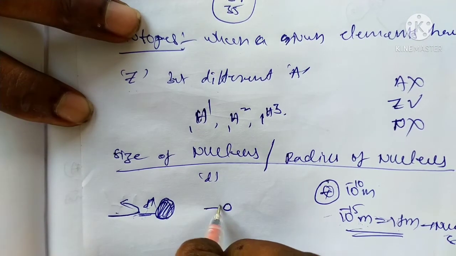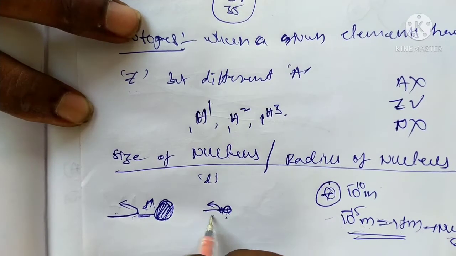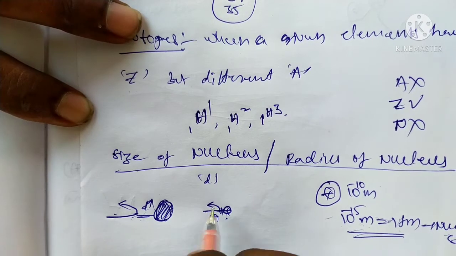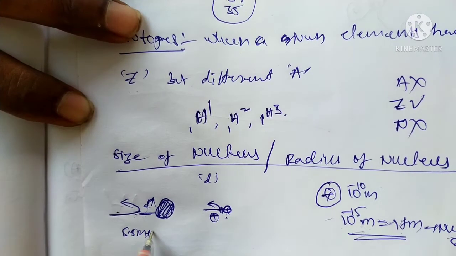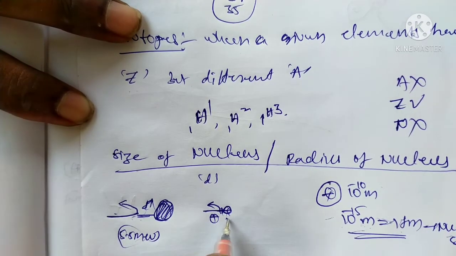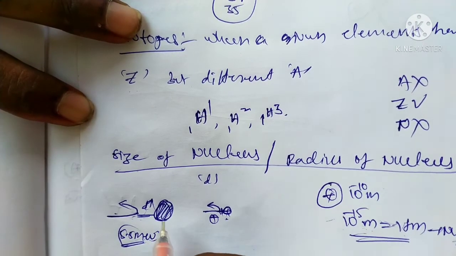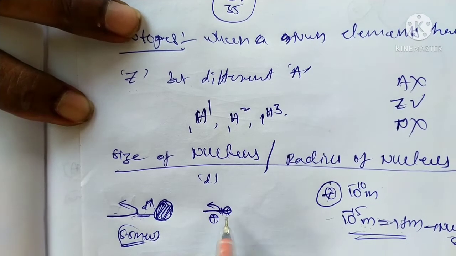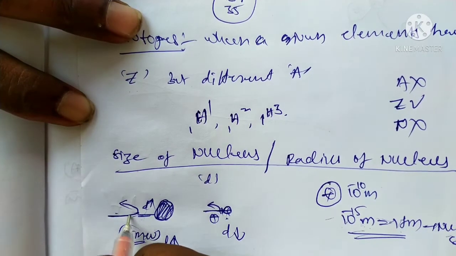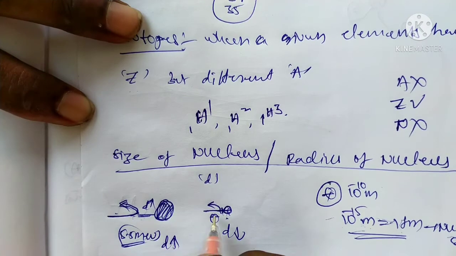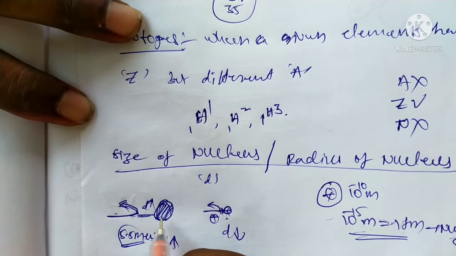A small nucleus has low bending, so D is small. The alpha particle has positive charge with kinetic energy 5.5 million electron volts for both small and big nuclei. The kinetic energy is the same, but the distance of closest approach is different. For a small nucleus D is small, for a bigger nucleus D is high.